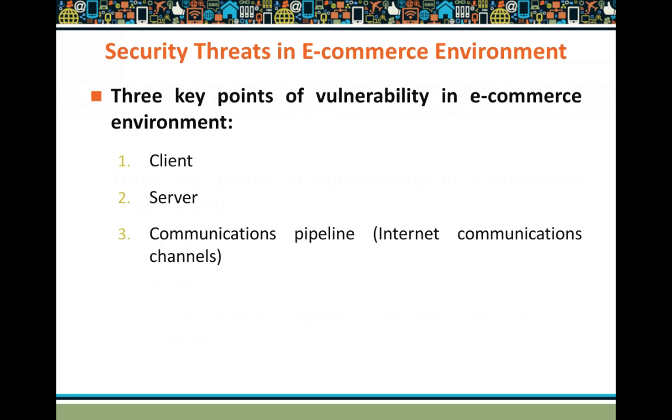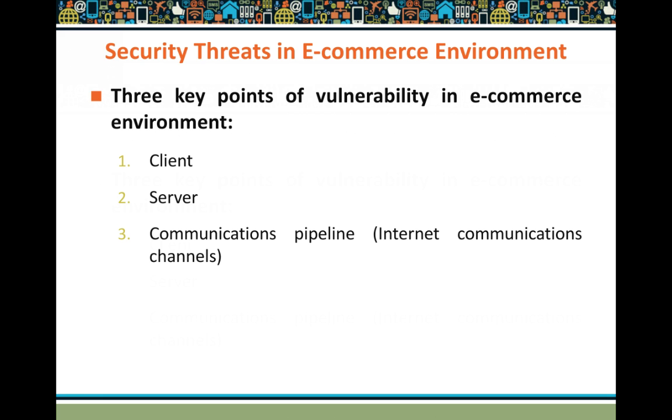One is the client side. The client side is always prone to attacks, so it is a vulnerable point in an e-commerce environment. Second is the server. Your server is a point of attack. Third is the actual communication pipeline or communication channel, basically the internet.